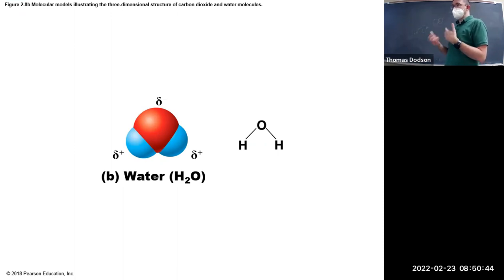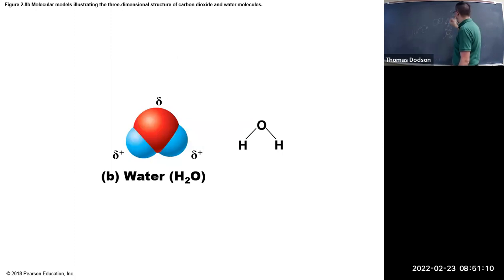Polar covalent bonds can also interact with one another. This leads to hydrogen bonds between water molecules, because water will arrange itself like this. You'll get another water molecule like that, because you've got a positive side, a negative side, a positive side, a negative side.